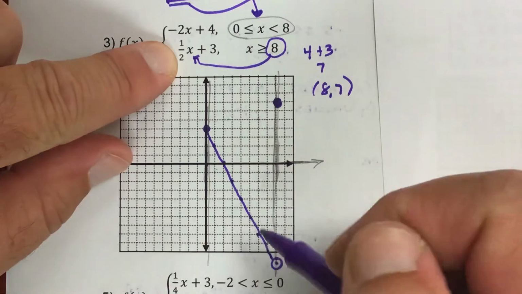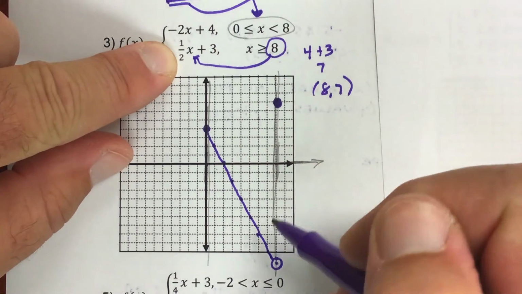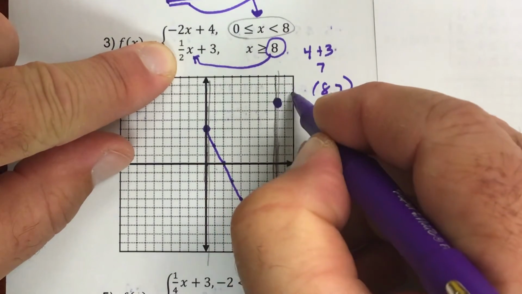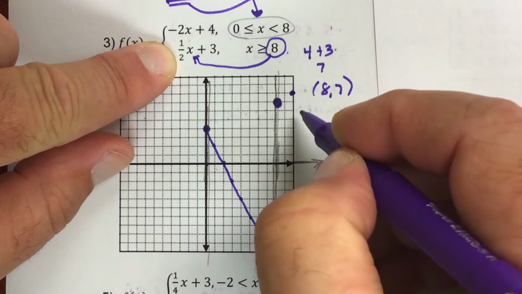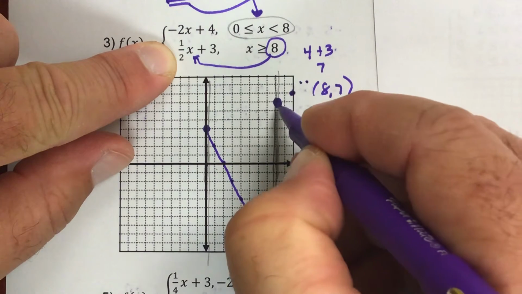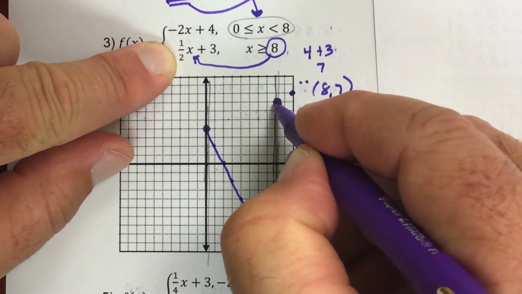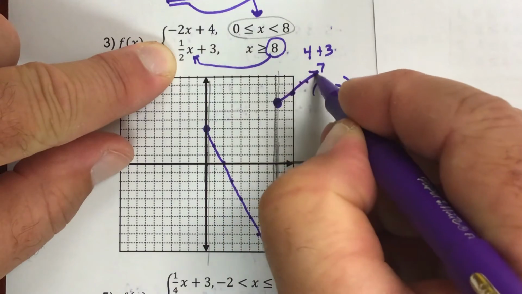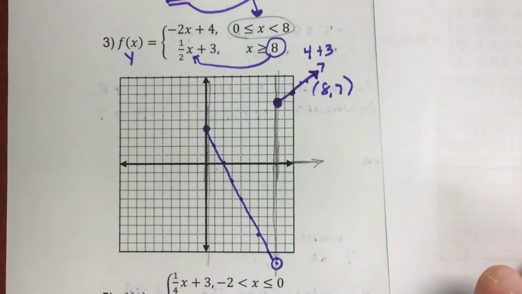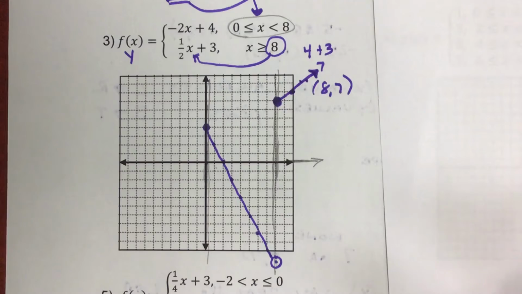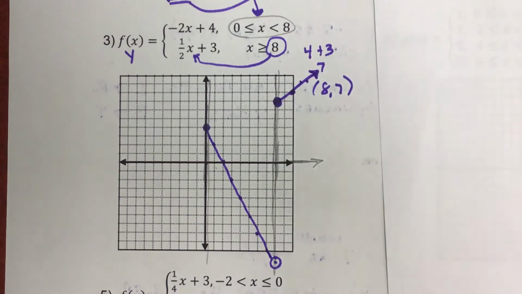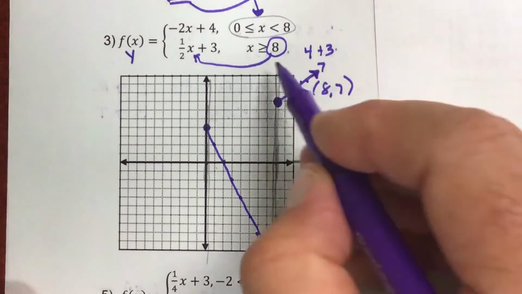So what's my slope? My slope is 1 over 2. So I go up 1 over 2, and I put another dot. Up 1 over 2. So basically what this is telling me is that it goes this way, and I'm done. I know it runs off the graph, but that's okay. Those are the pieces of it.